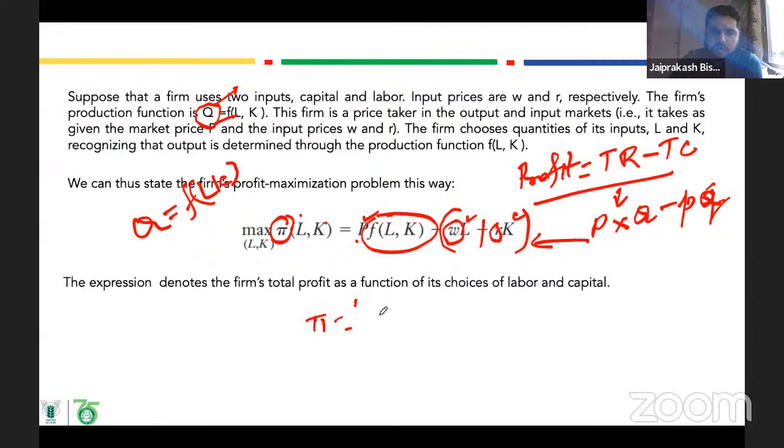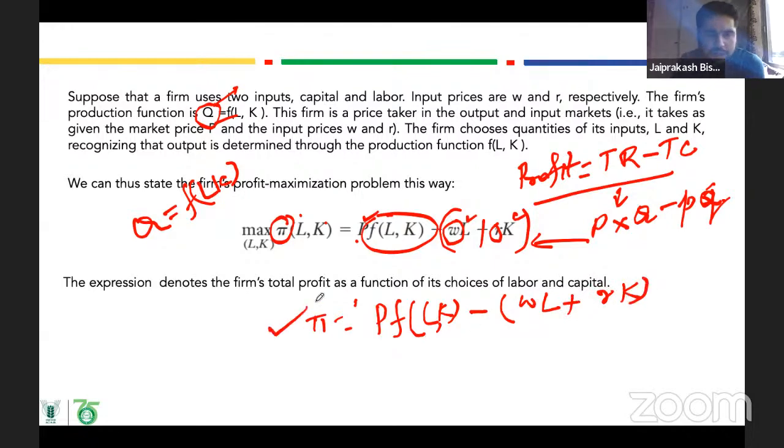Profit is equal to price of output times quantity. Quantity can be written as a function of labor and capital, minus price of labor times quantity of labor plus price of capital times quantity of capital. So this is your profit maximization condition.